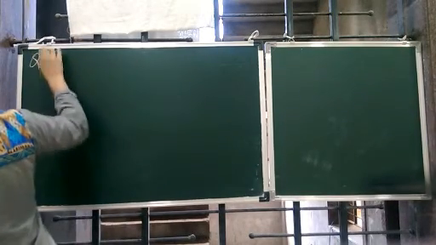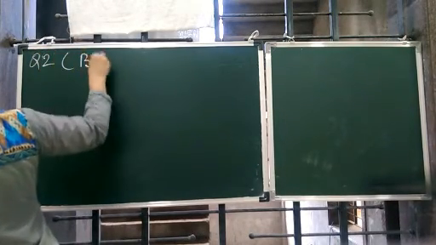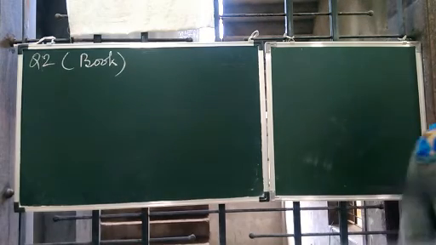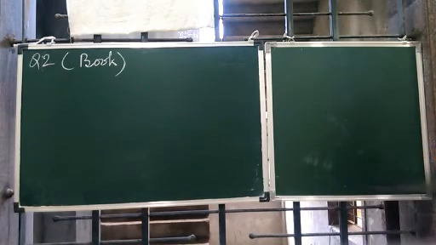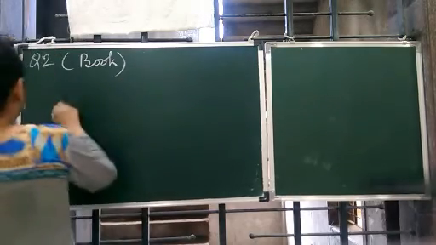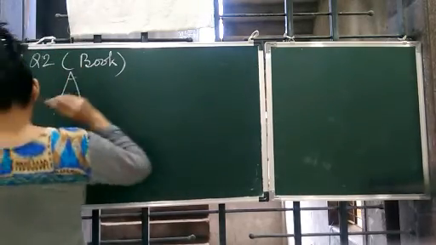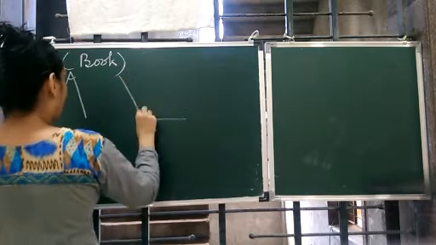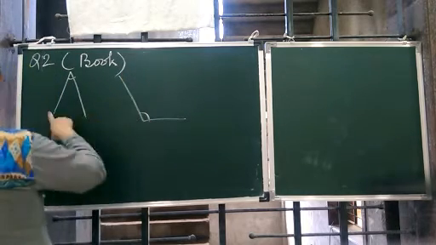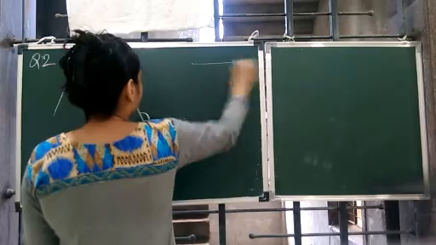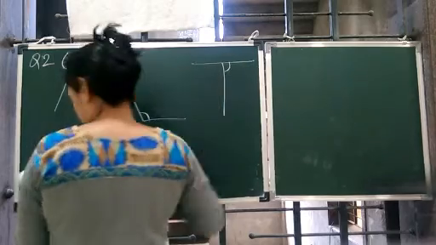Question number 2 also in the book. Let me draw the angles. I am not drawing the arrows and all. Okay. I am just drawing a rough figure.